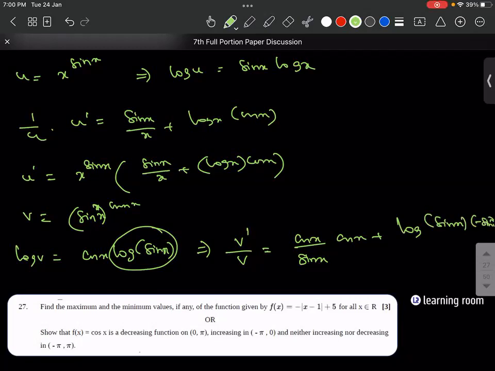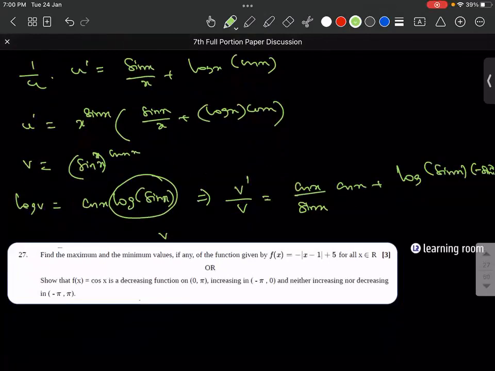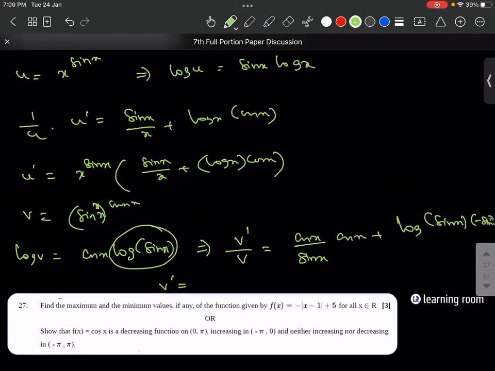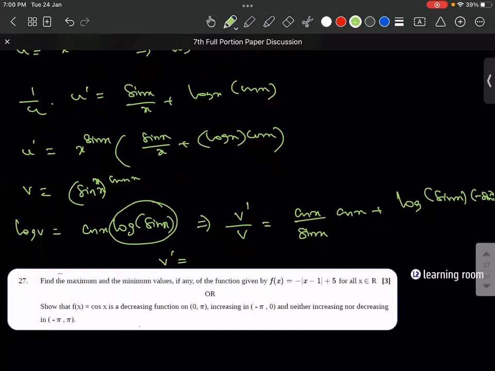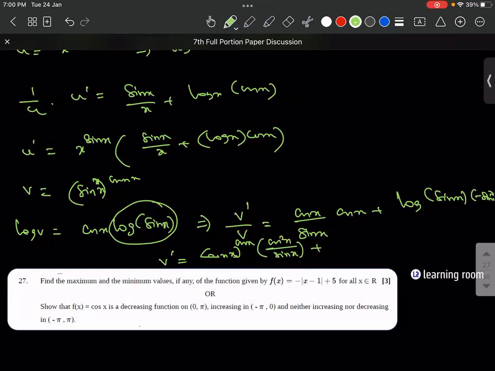Correct? So v dash will be sin x power cos x into cos square x by sin x minus sin x into log of sin x.